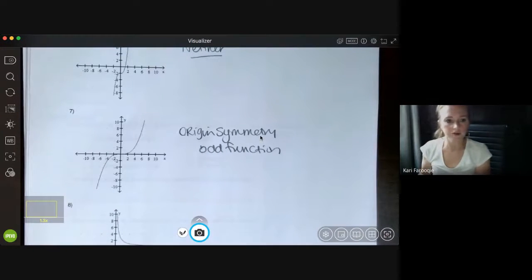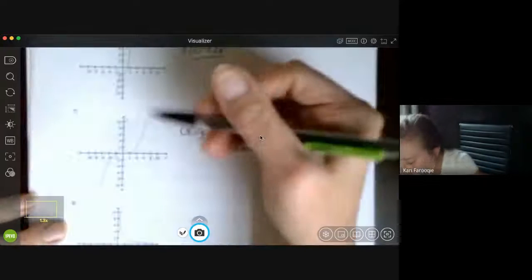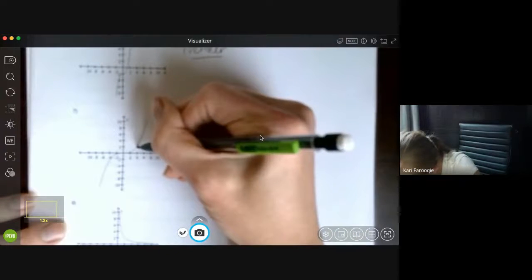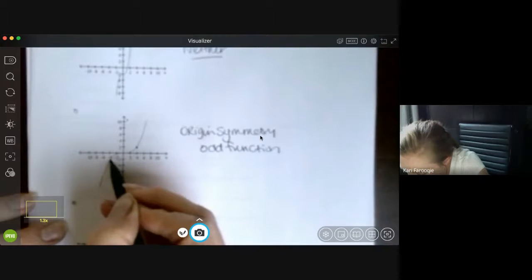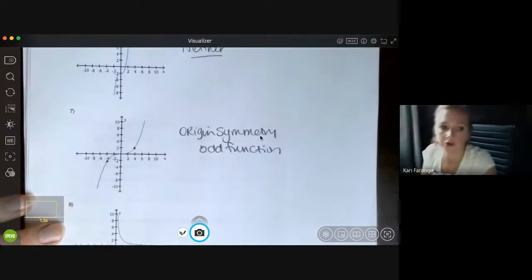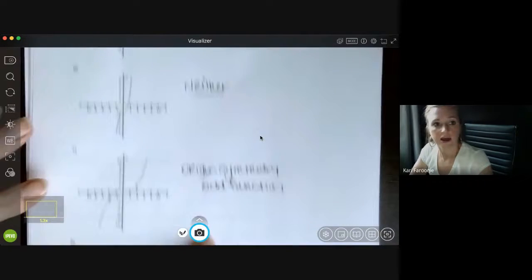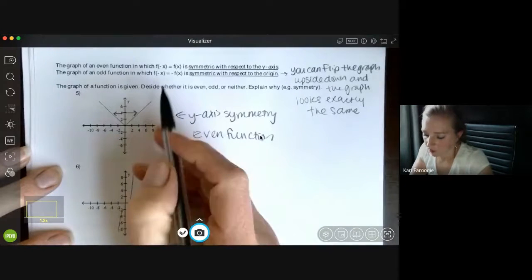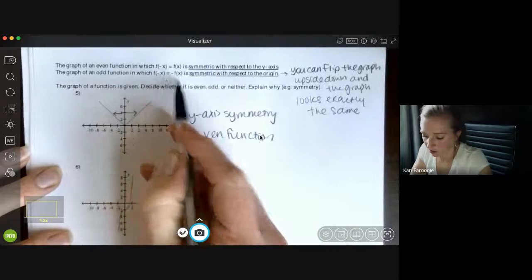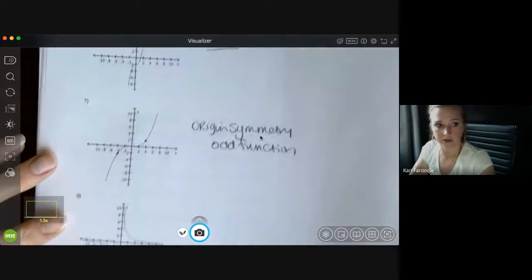And you can even just get a few points on here. For instance, there's a point at (4, 2), and there's a point at (-4, -2). Your definition for having an odd function, if you look back to the top, is one in which f(-x) equals -f(x).